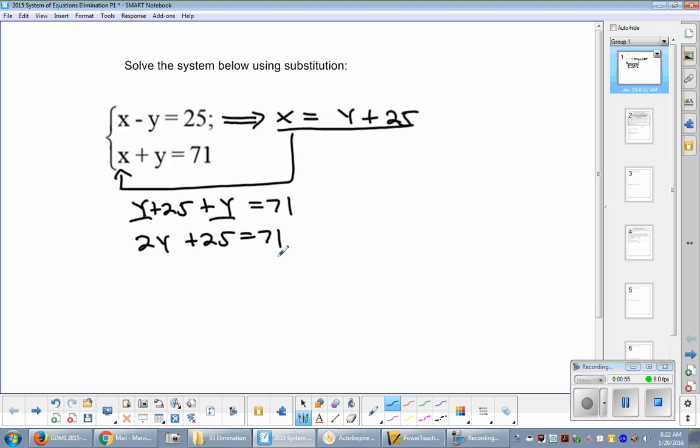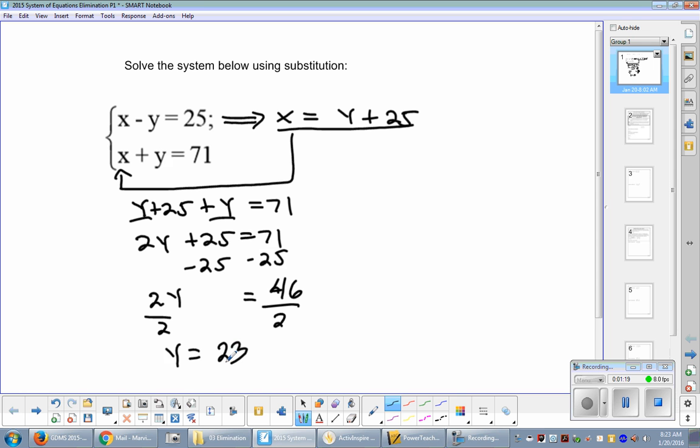And then we subtract 25. So what's 71 minus 25? We'll get 46. And then divide by 2. We'll get y equals 23.